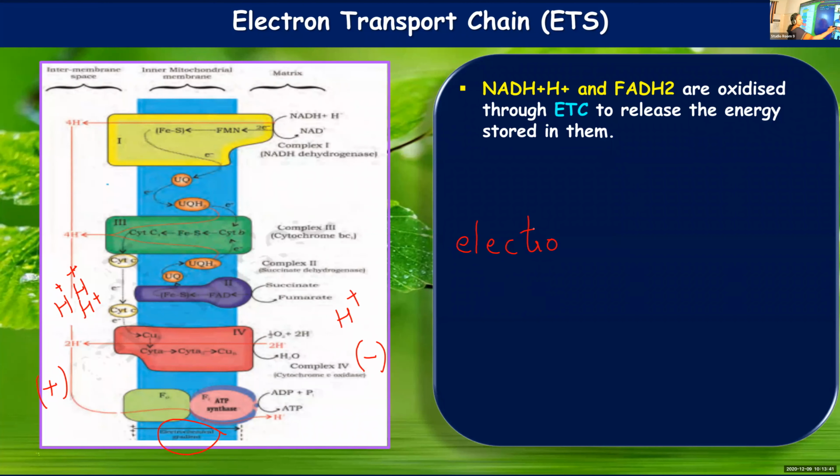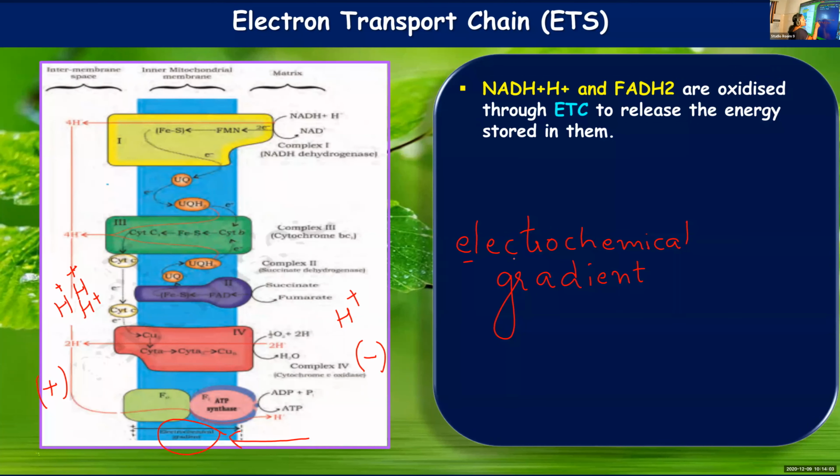So there will be a difference in the electrical and chemical gradient. An electrochemical gradient at the bottom, I don't think what is written at the base is clear to you, but it is given in your textbook. You can refer to it. Electrochemical gradient will be established between the matrix and the intermembrane space.